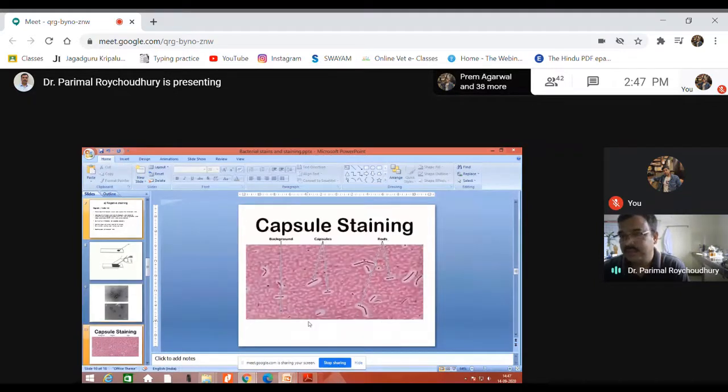Let us see these slides another way. The background is taking the color, and inside the bacteria we put another color, and the capsules will be very refractile. All the dye compound will be removed from the capsule. As a result, surrounding the bacteria, we can see a cleared area. This indicates these are bacteria which possess a capsule layer.